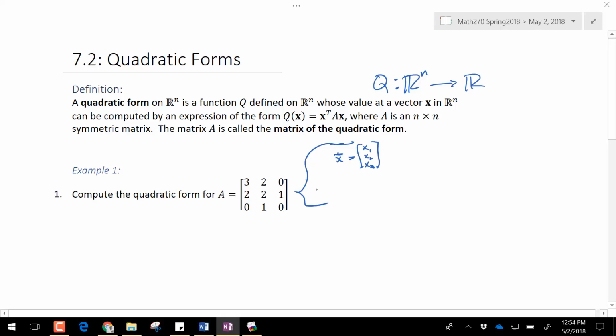And so if we perform this calculation for Q, we want the transpose of this column vector, which is going to be a row vector, x1, x2, x3, multiplied with the matrix 3, 2, 0, 2, 2, 1, 0, 1, 0, and this is symmetric. And then apply the x1, x2, x3 vector again.